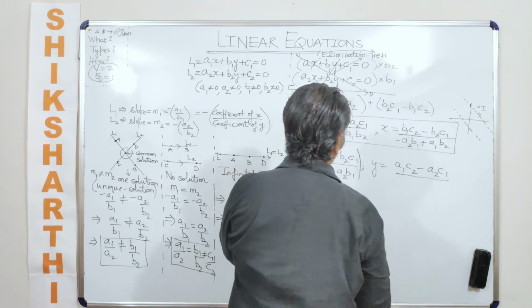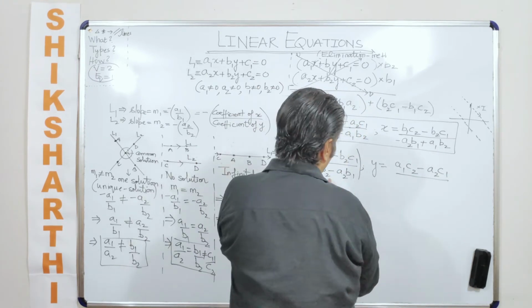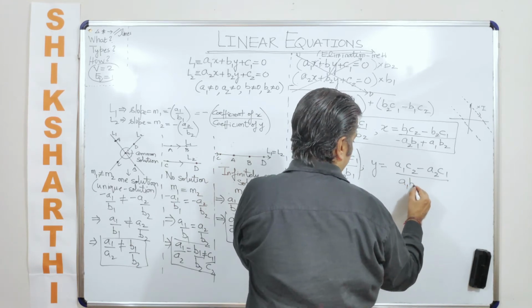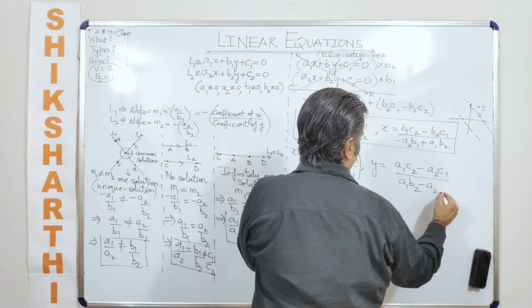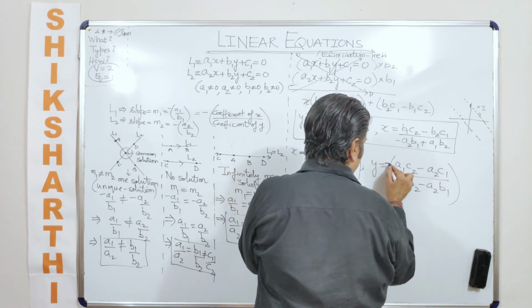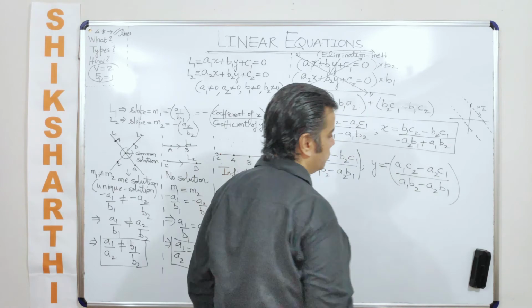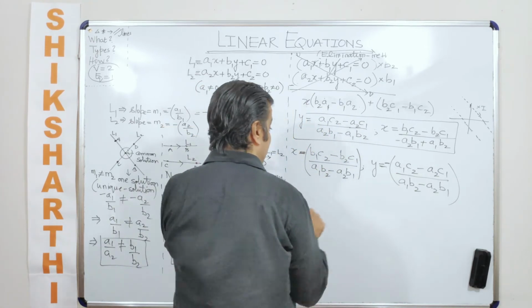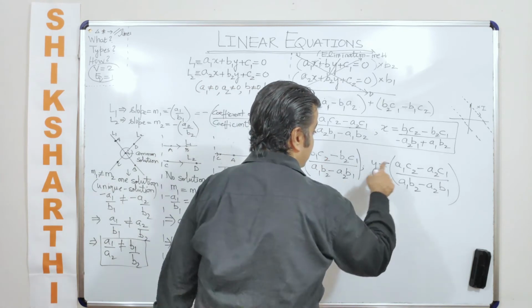In the denominator, I'm having just the reverse of this. So I want to make both the denominators the same. So in that case, we are saying A1 B2 minus A2 B1, and then I put as minus times of this. Please make a note of this. So it becomes very easy because both the denominators now are equal and their numerators are unequal.